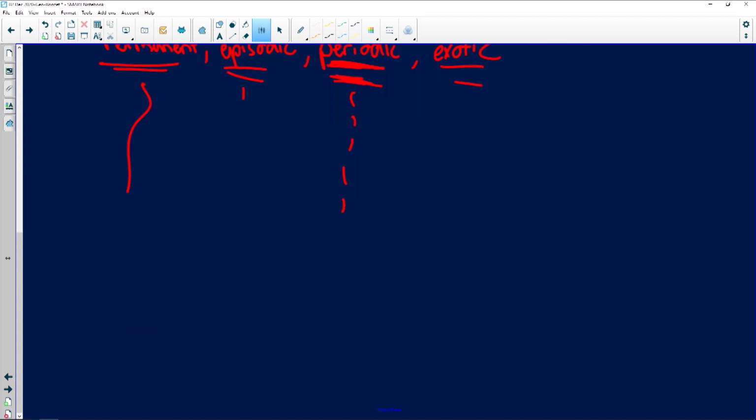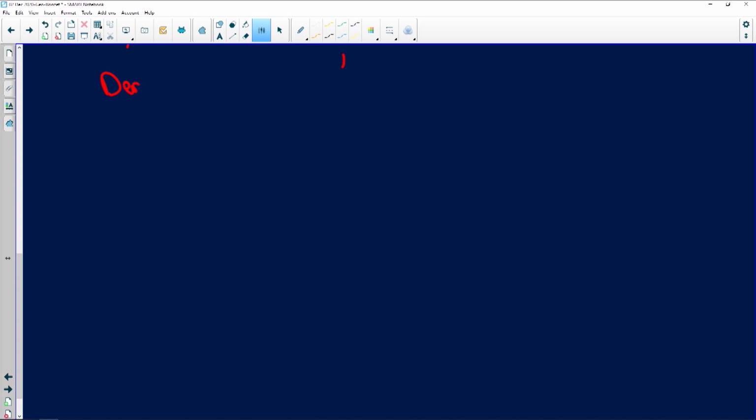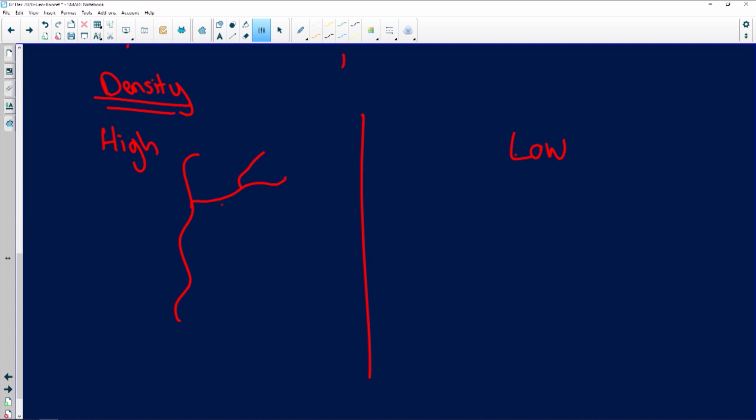And then we talk also, I just want to go over this, we talk about the density of rivers. Now this is an example of a high density and this is low density. This is a high density river. We have many tributaries.